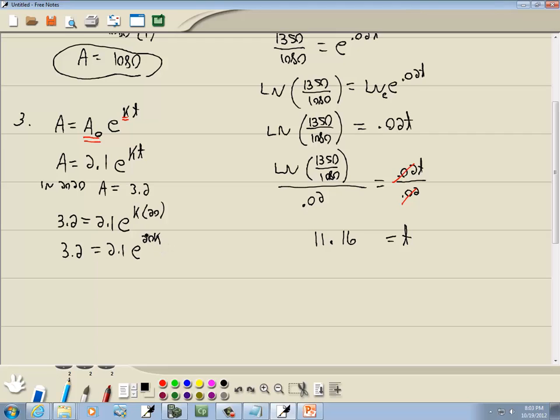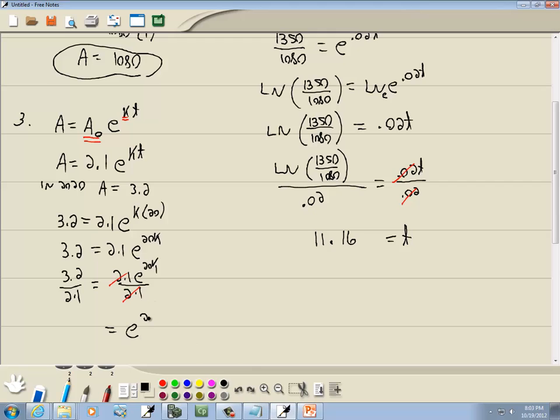Now this is an exponential equation. You got a variable in the exponent, so we'll go through our steps for that. First step is to get the part with the variable in the exponent, which is e to the 20k power, by itself, so we can't have any numbers in front of it. So we'll divide both sides by 2.1.